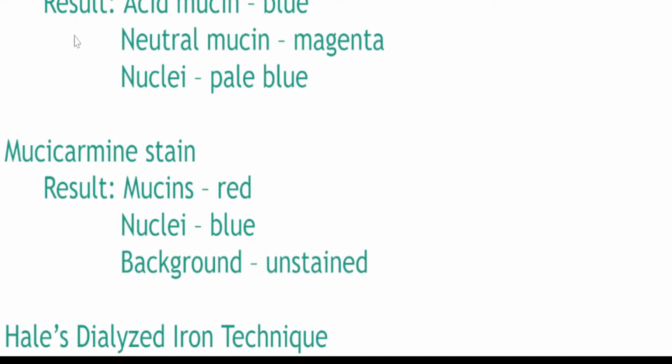Since we're doing Alcian blue PAS, we send the samples to a laboratory that does a different staining technique to confirm the presence of mucins. It would be sent either to Utah or to the University of Texas.